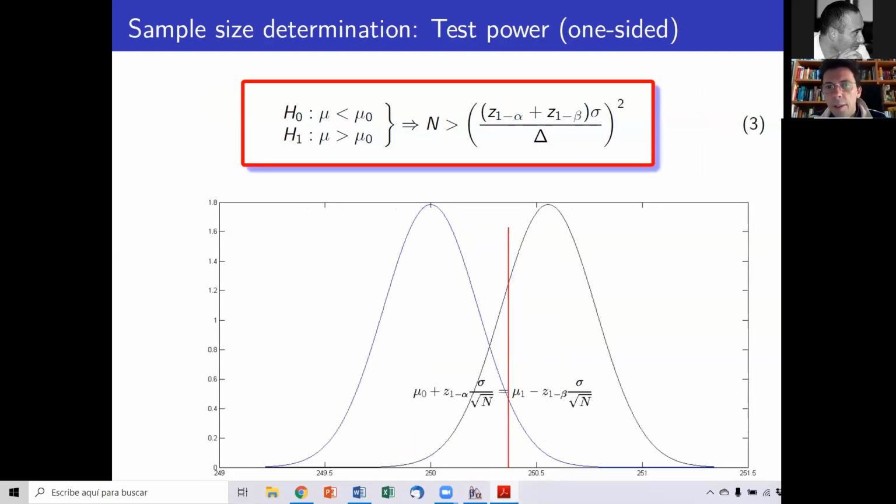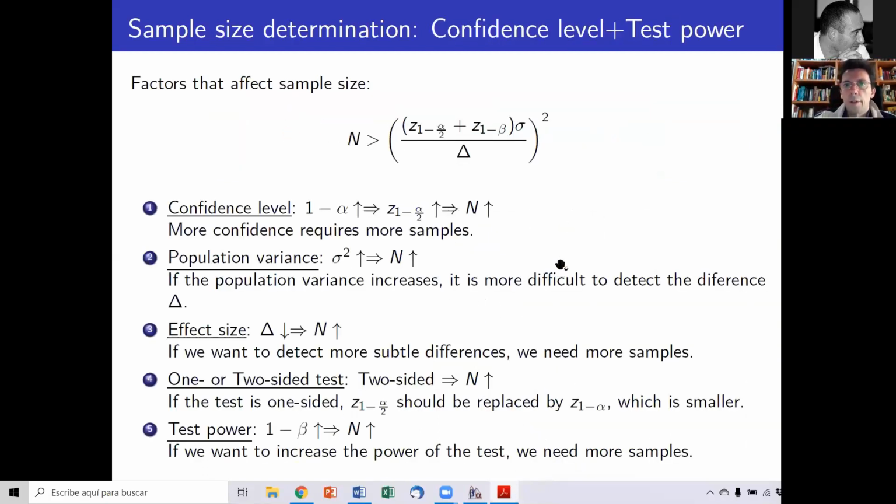So now let's go to this slide. In this slide we have the sample size equation for the Gaussian, and what we have is something related to the confidence, something related to the power, something related to the variability.